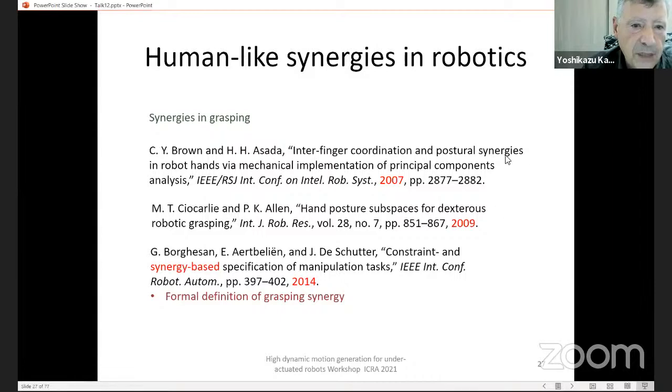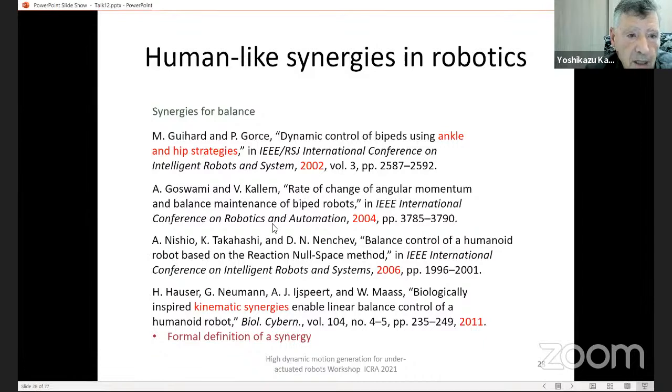After the millennium change, synergies started appearing, for example in the area of grasping. Because in grasping you have so many degrees of freedom in the fingers, they found out that we have to use some type of synergies, and this third paper has a formal definition of a grasping synergy.